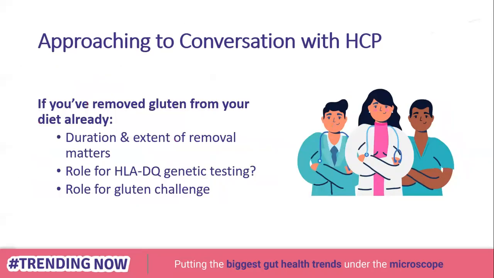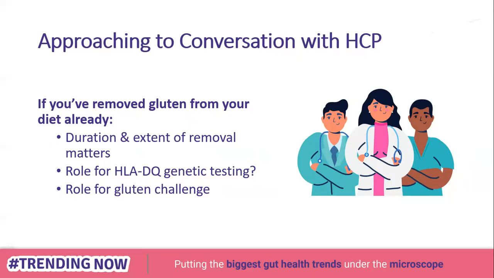Now, just going back to this one more time, we've talked a little bit about different testing options if you are trying to get confirmation of celiac disease as a diagnosis, or to exclude celiac disease and therefore be confident that what you are facing is non-celiac gluten sensitivity. The duration and extent of how much gluten has been removed from the diet matters in terms of testing options.